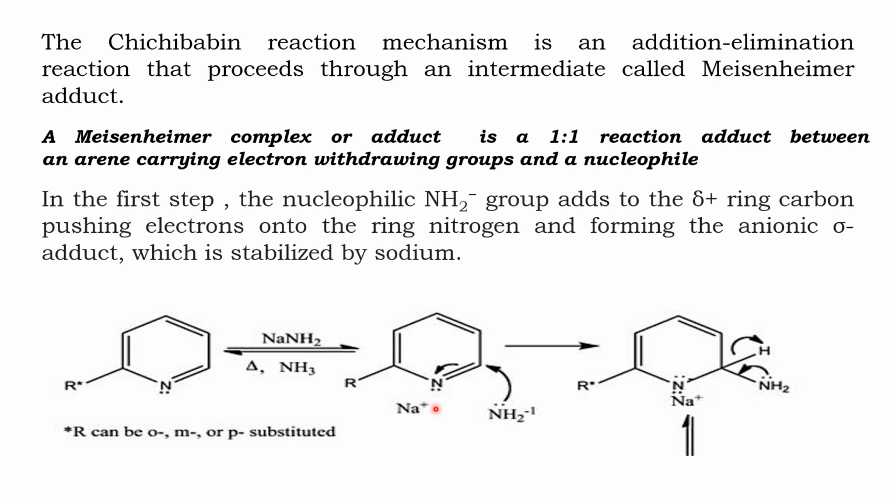To neutralize it, we have a Na plus ion. So these two are examples of Meisenheimer adduct. So in Chichibabin reaction, the first step is the formation of the Meisenheimer adduct. Take down.